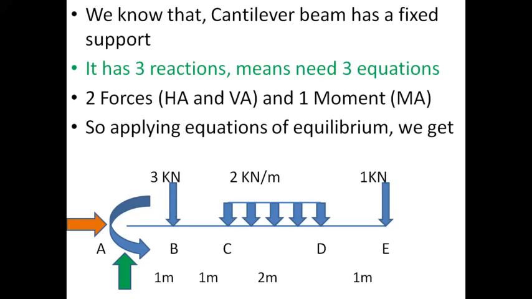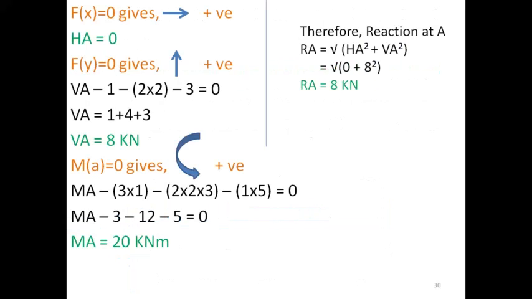As three unknowns are present, three equations are required. So we used three equations of equilibrium, means conditions of equilibrium: summation Fx equal to 0, means summation of horizontal forces; summation Fy equal to 0, means summation of vertical forces; and summation moment equal to 0, means summation of moments, right?